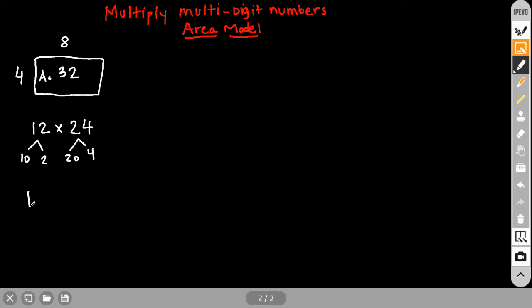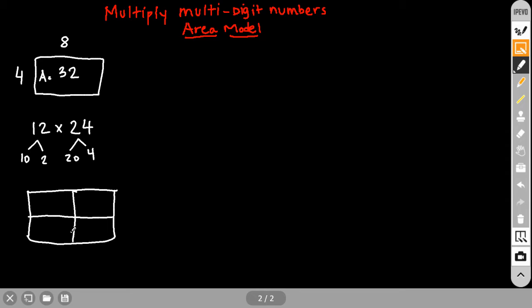So now you go ahead, after you decompose those numbers by place value, right? By the ones, by the tens, by the ones, by the tens, you're going to draw a box. And because it says 2 digits by 2 digits, here I have to do 2 by 2 as well.